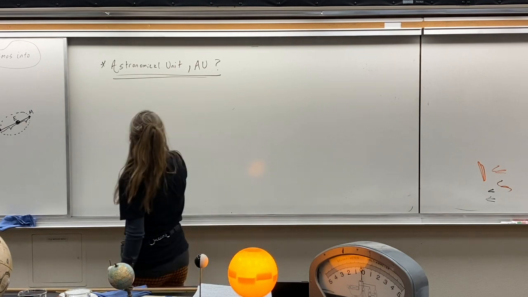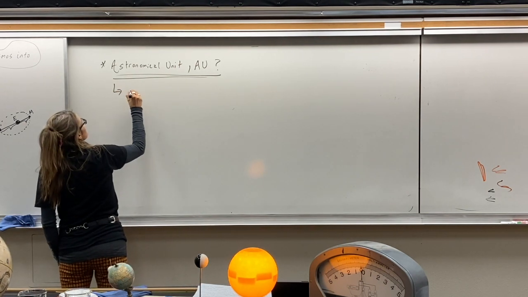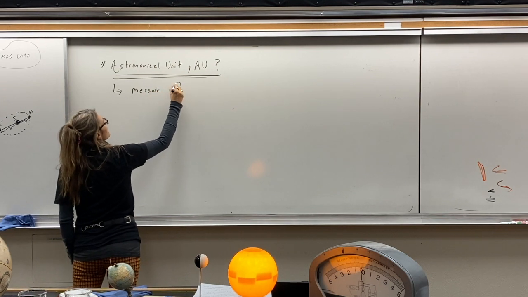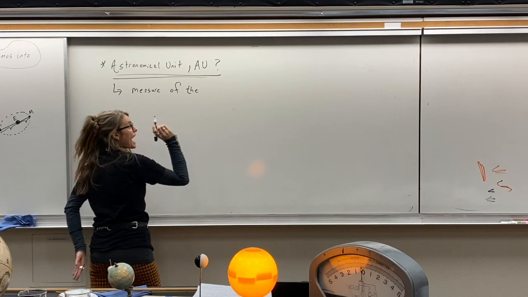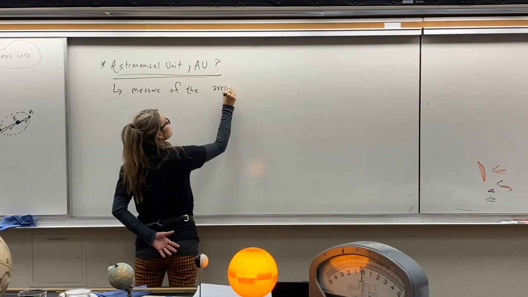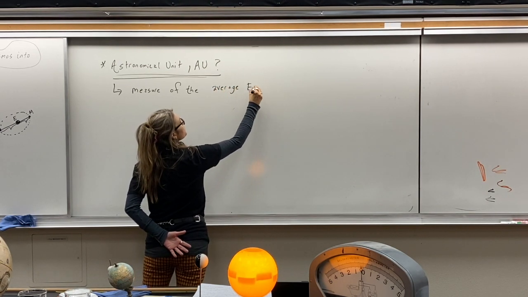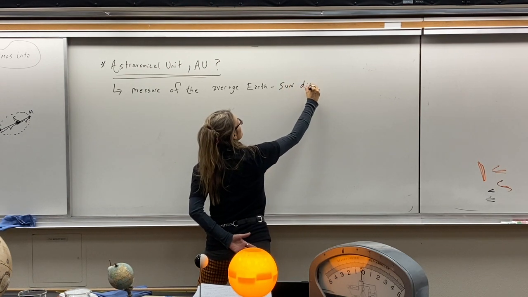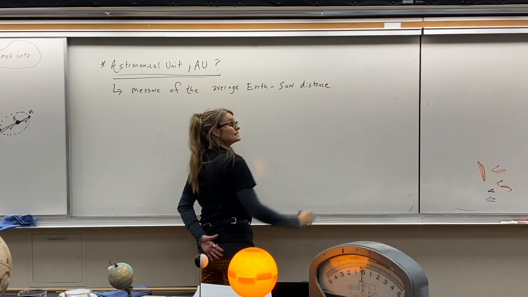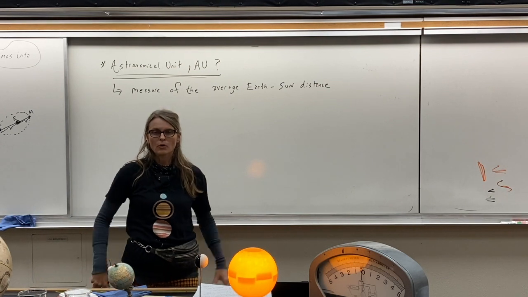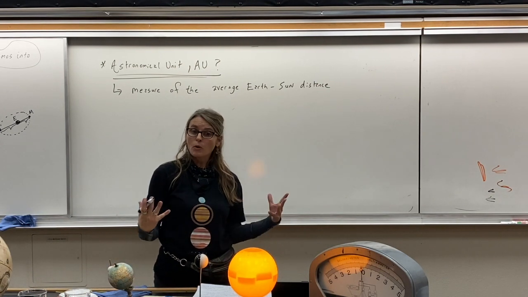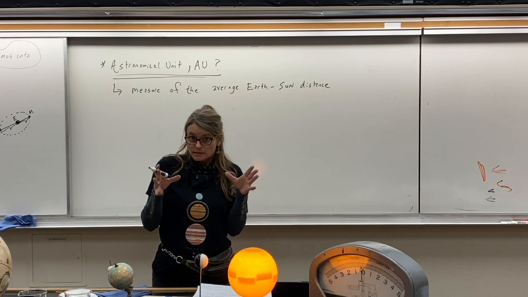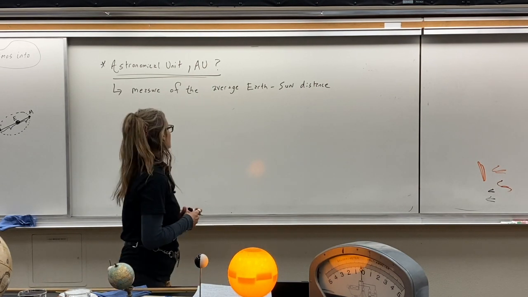So this is a measure of the average Earth-Sun distance. And you'll see that you get a whole table that lists the AU of all the planets, not just the Earth-Sun, but based on that standard measure or average Earth-Sun distance.